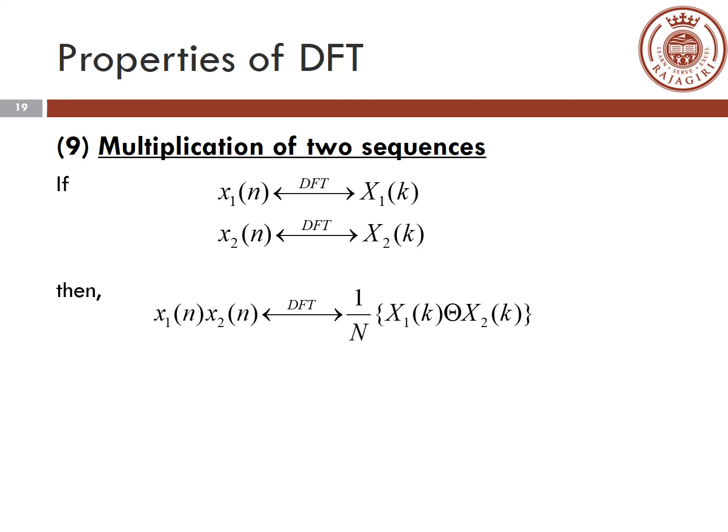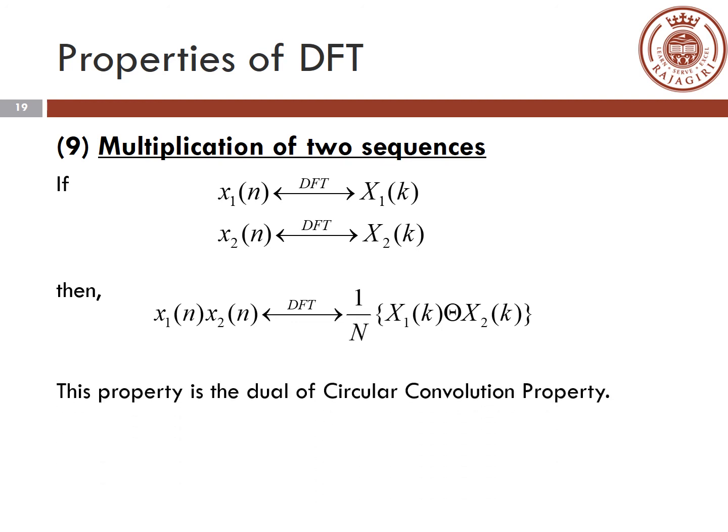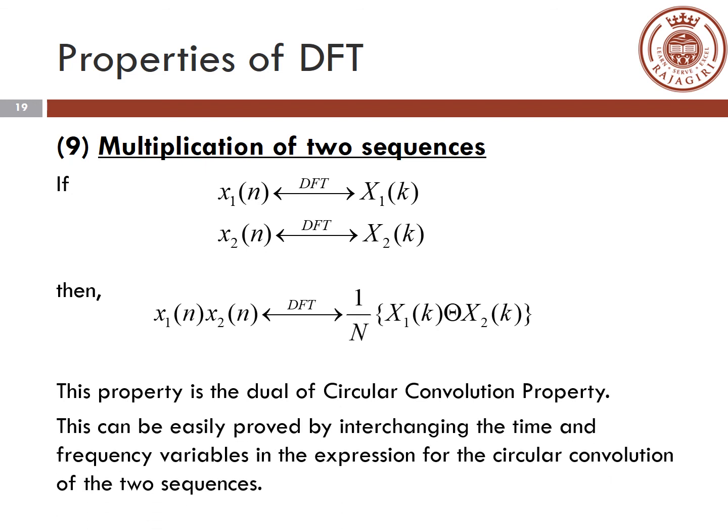You can have additional factors, and you can see that there is a 1 by N extra multiplication factor which comes in addition to the circular convolution term. Now this is the dual of the circular convolution property. It can be easily proved by just interchanging the time and the frequency variables in the circular convolution property.